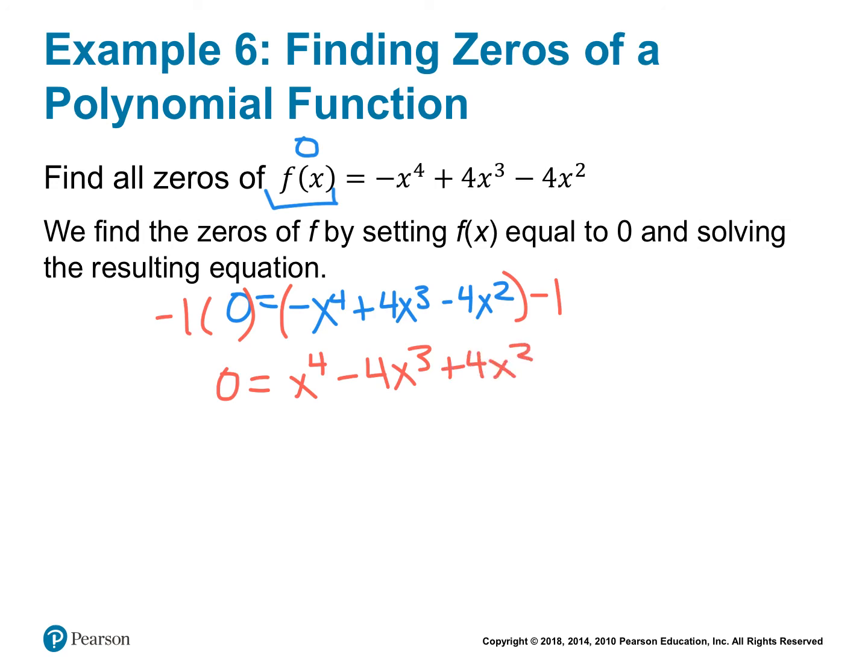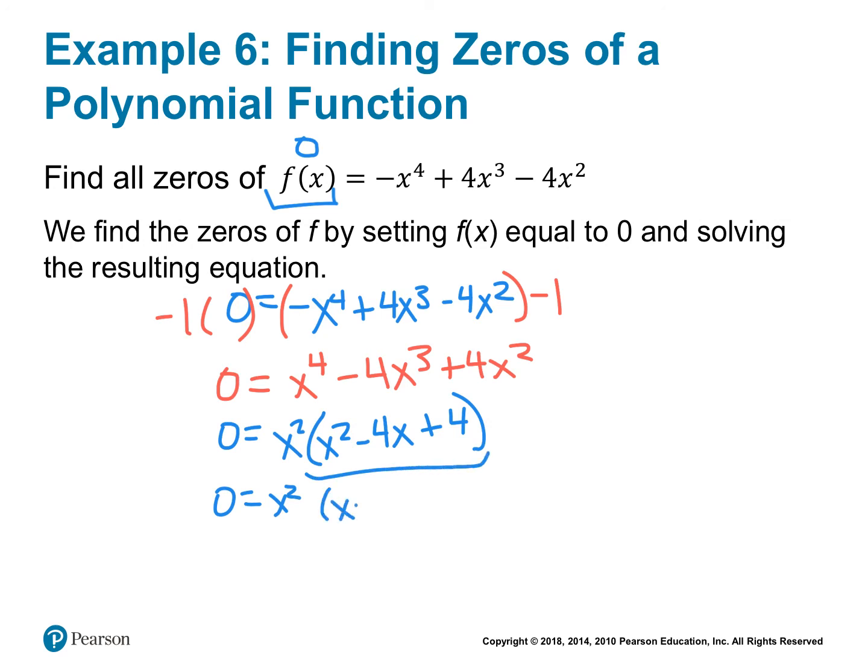Then we can go ahead and factor that. So out of all of that, we can pull out an x squared to start, which leaves us with x squared minus 4x plus positive 4. And if you remember your perfect square rules, this is going to factor into an x minus 2 squared.